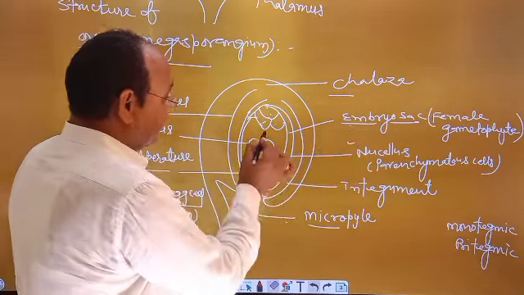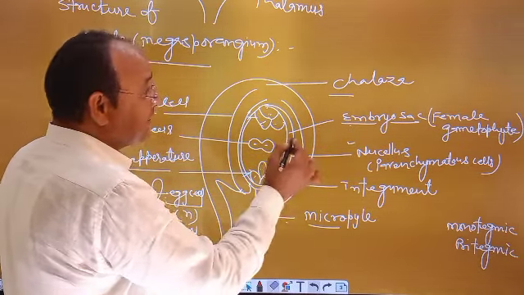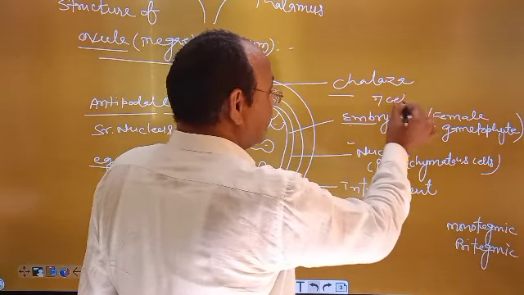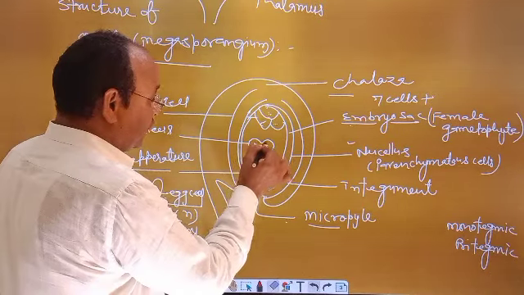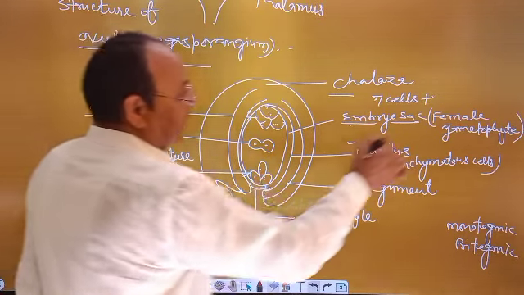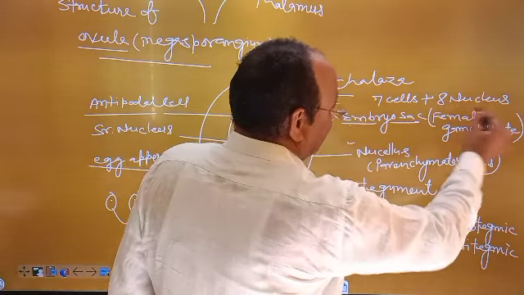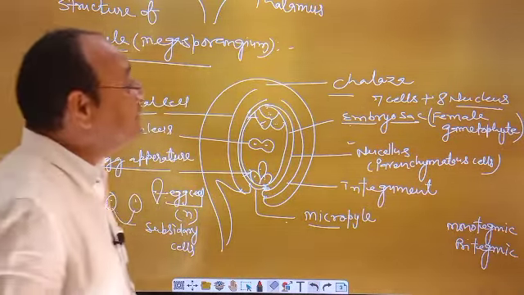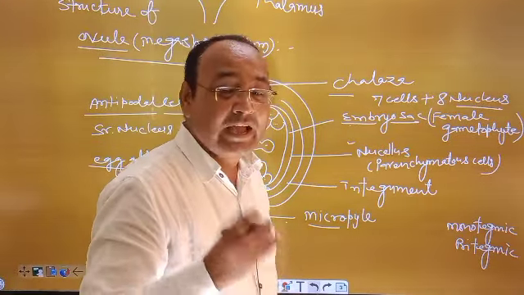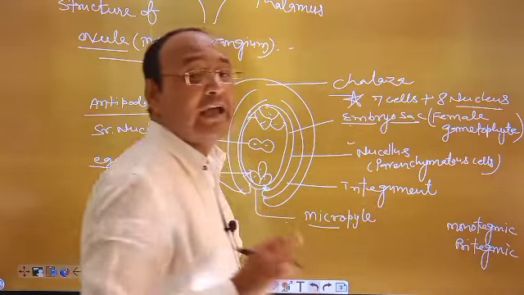So in embryo sac, 1, 2, 3, 4, 5, 6, 7 cells are present, but 8 nucleated. It means 8 nuclei. So I can say in the embryo sac of an angiosperm plant, 7 cells and 8 nuclei are present, and it is a most important question for your board examination.